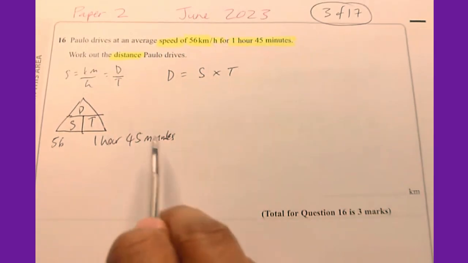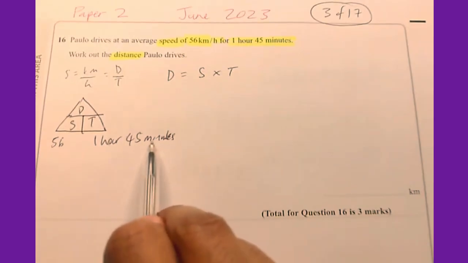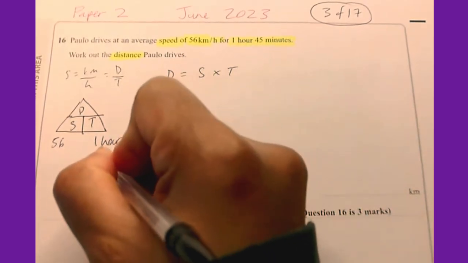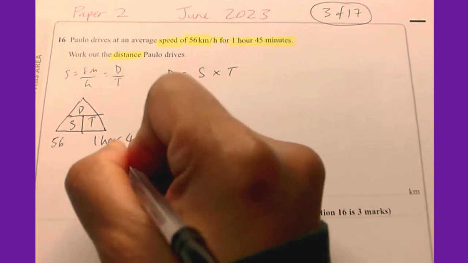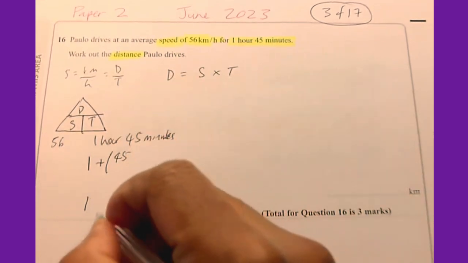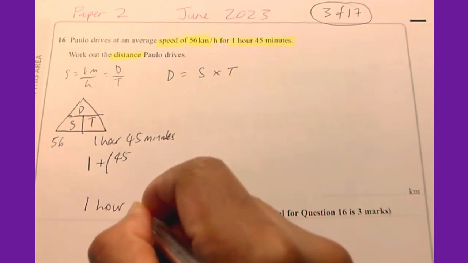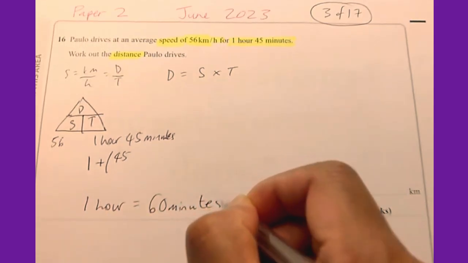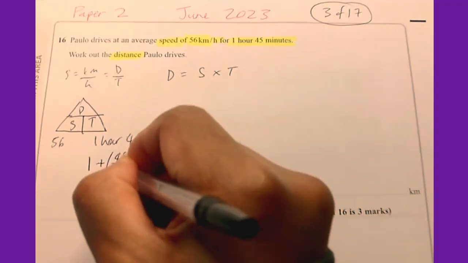Now they are in different units. How do I make them the same? So I'm going to keep 1 hour as it is plus 45. How many minutes are there in an hour? 1 hour equals 60 minutes. So I'm going to be dividing this by 60.